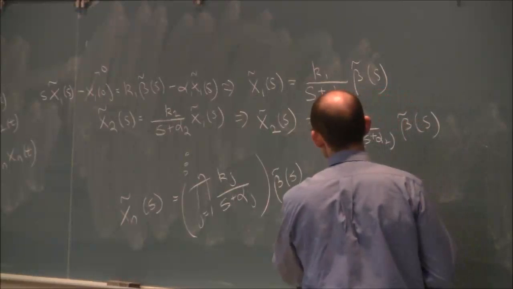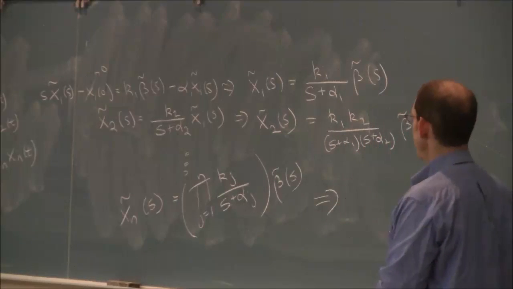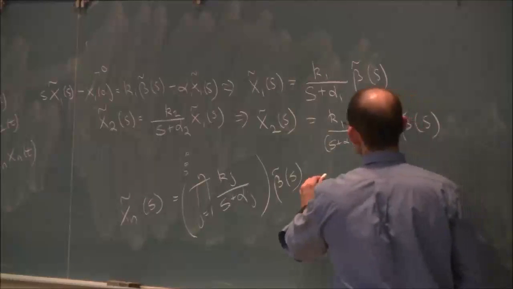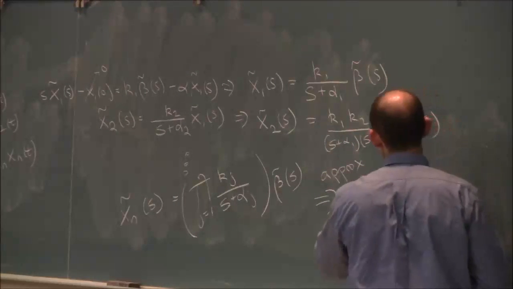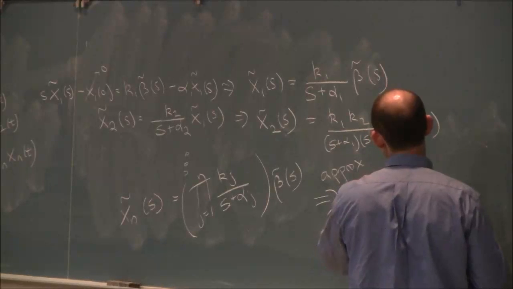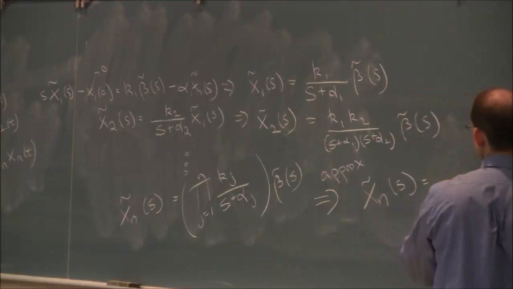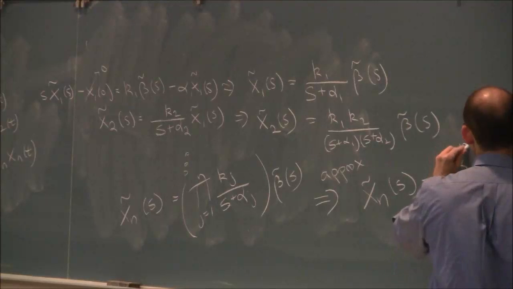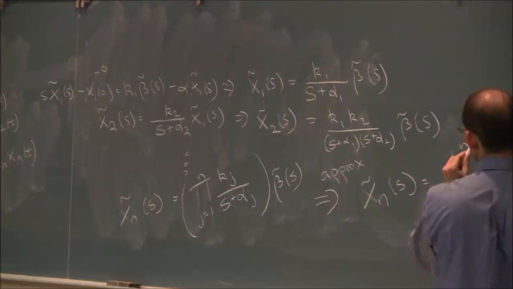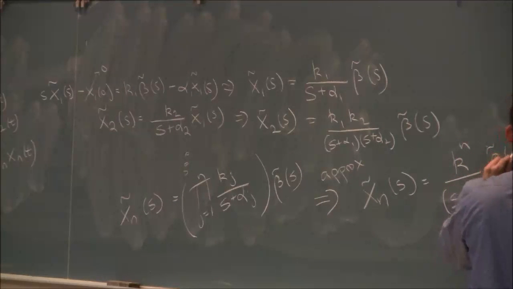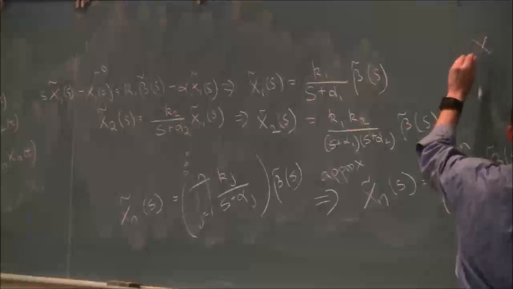So instead, to make it easy, we'll make an approximation for the time domain that all the frequencies are the same. All right, and now our question is, what does the time domain output look like?